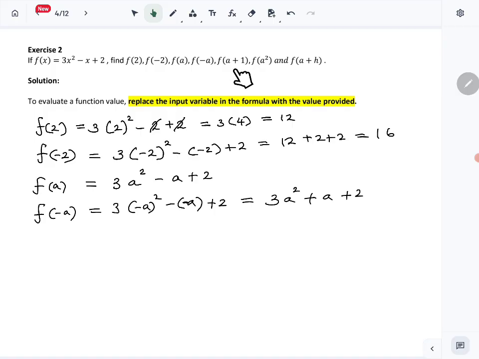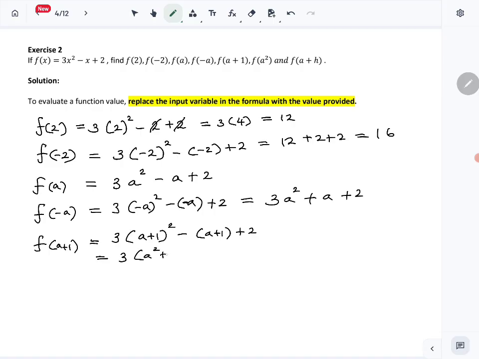So then next one, f of a plus 1. So again, same thing. Anywhere you see an x, you have to replace it with whatever's inside, a plus 1. Right. This one we can simplify a little.